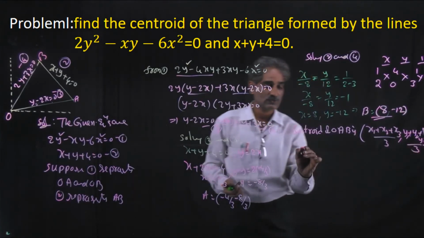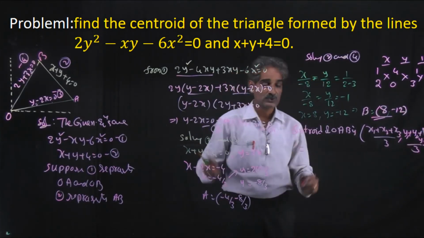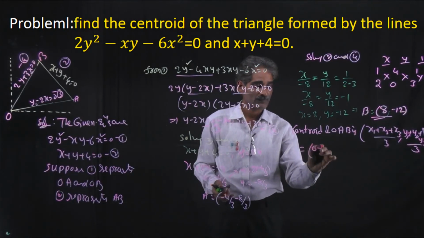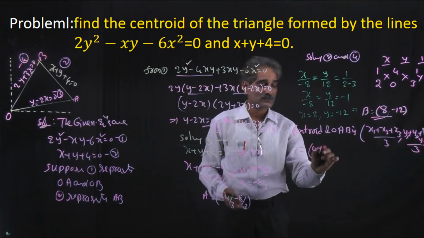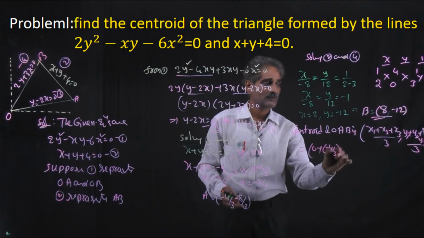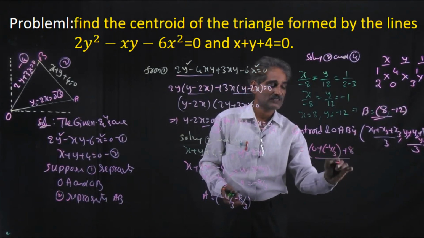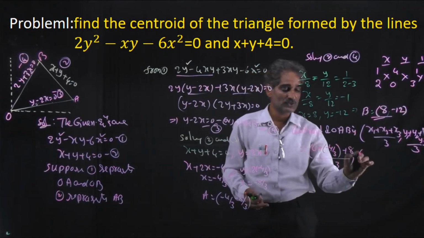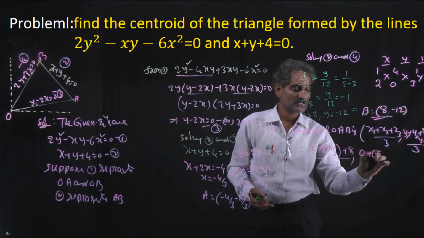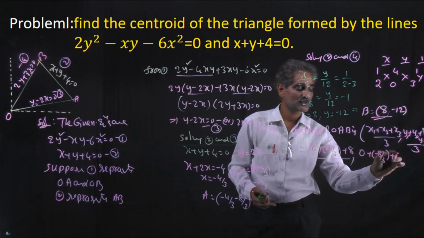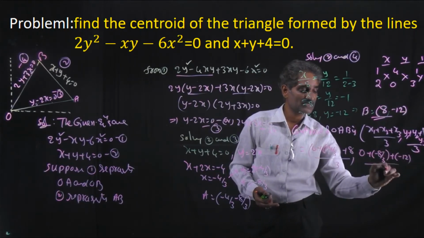So this is equal to ((0 + (−4/3) + 8/3)/3, (0 + (−8/3) + (−12))/3).